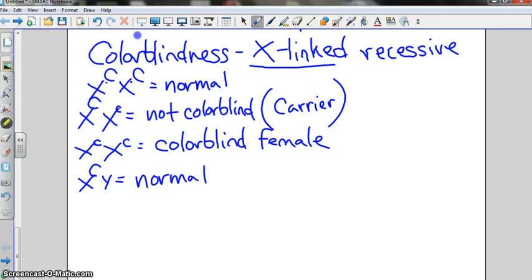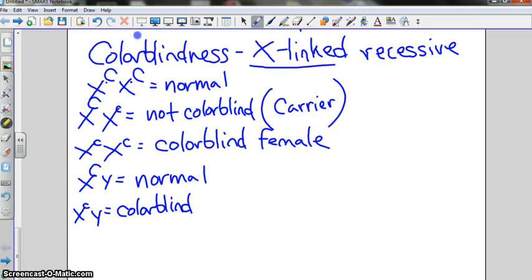Now there are Y-linked genes. There are genes on the Y chromosome, but this is not one. So it's almost like we pretend it doesn't exist. If a gene is on a Y chromosome, can a girl have that trait? No. Now, the only other genotype for a guy is one recessive, and this guy's going to be colorblind.